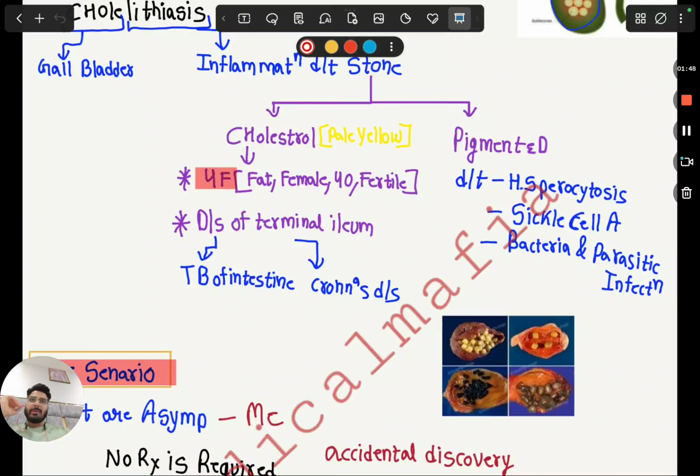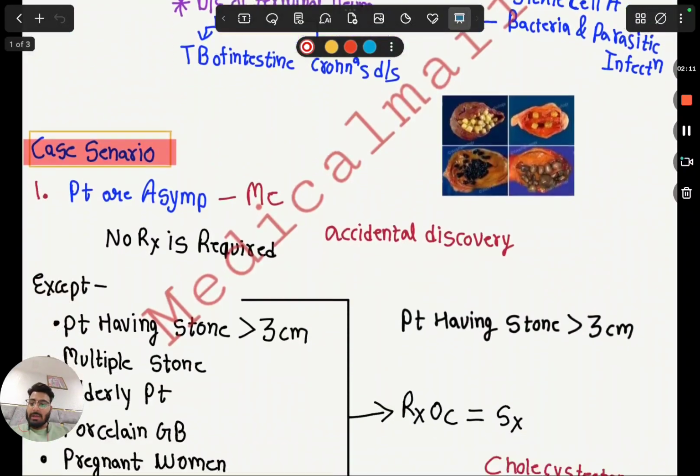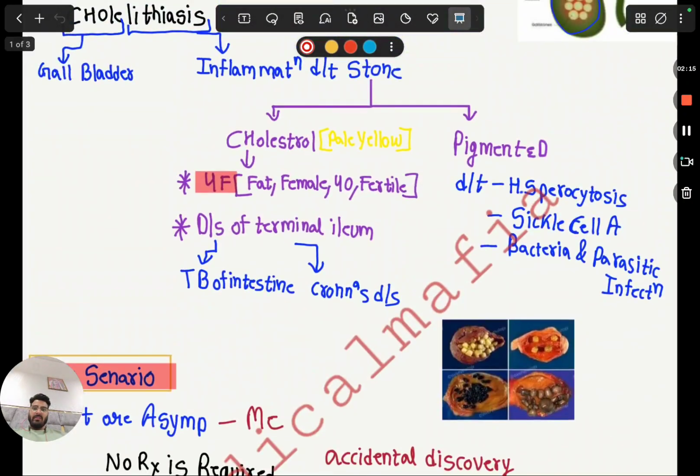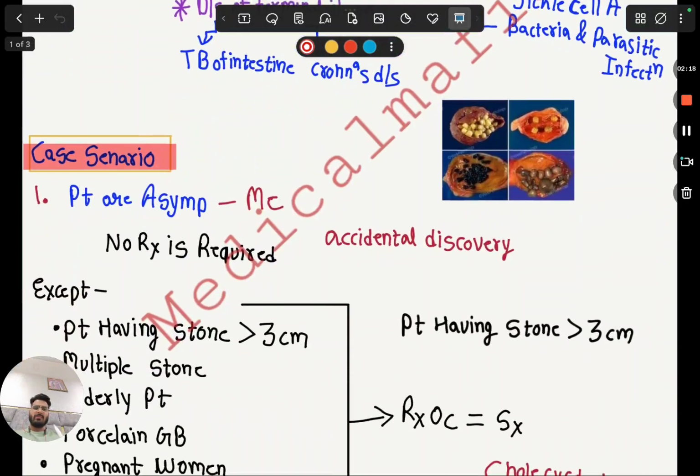And in the pigmented, generally people having anemia, hereditary spherocytosis, sickle cell anemia where there is a glutamine to valine shift, and bacterial and parasitic infection can also be associated. But these are some of the important things which you need to remember, not a big problem.